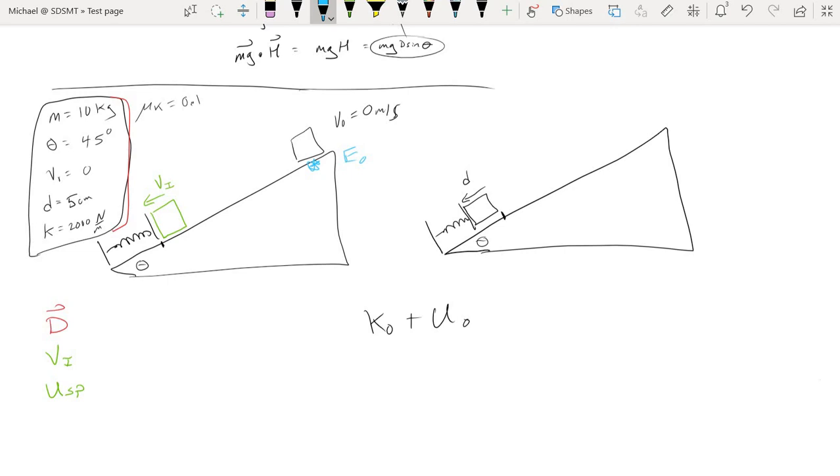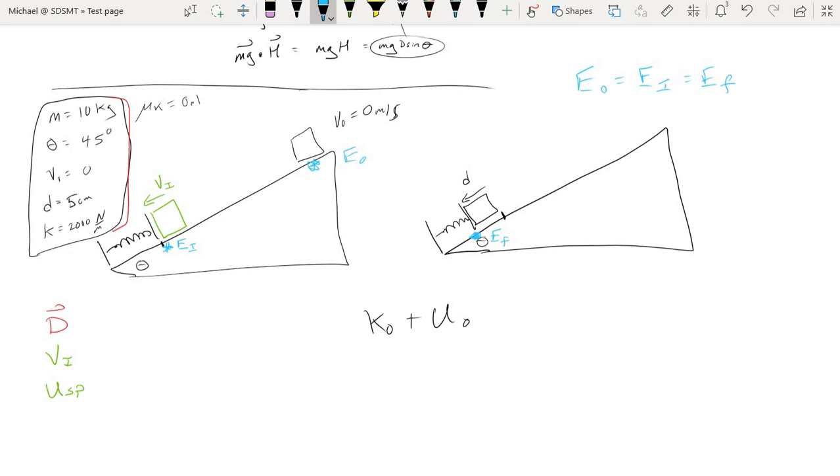And as it turns out, there are actually two different locations that have grabbed my interest. We have the impact site and we have the final compression site. So three different locations: initial, impact, and final.